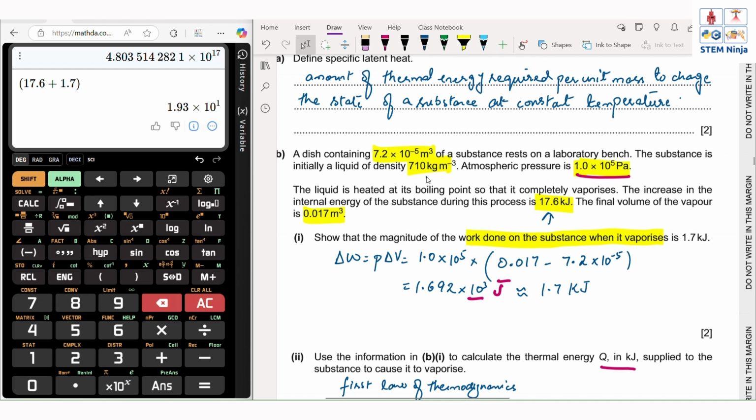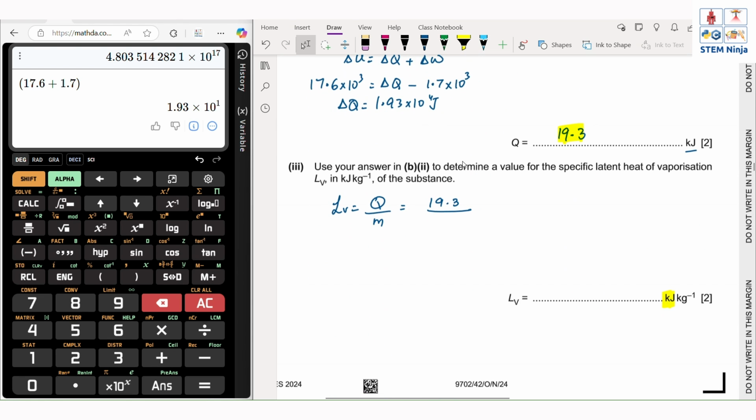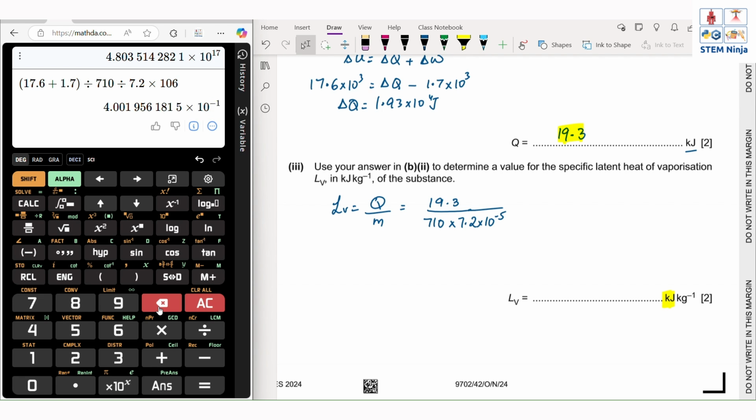Okay, so we have this density and initial volume over here. So we can use that because mass is going to stay the same. So 710 times 7.2 times 10 raised to power minus 5. So 19.3 divided by 710 times 7.2 times 10 raised to power minus 5.